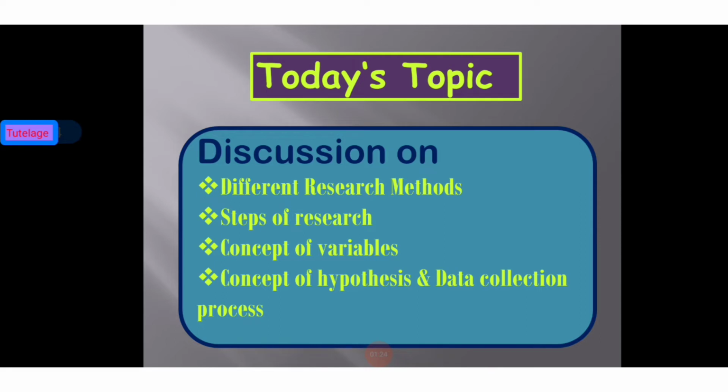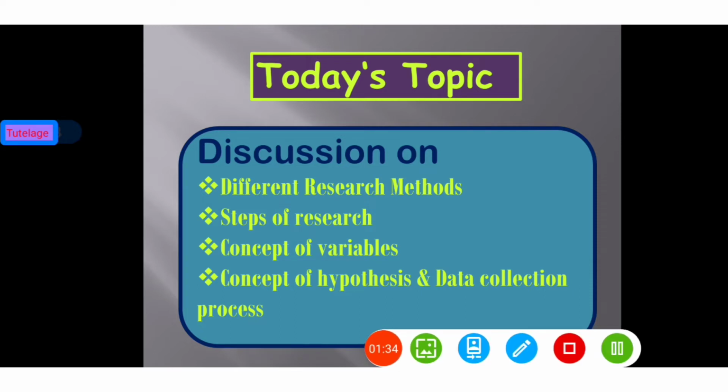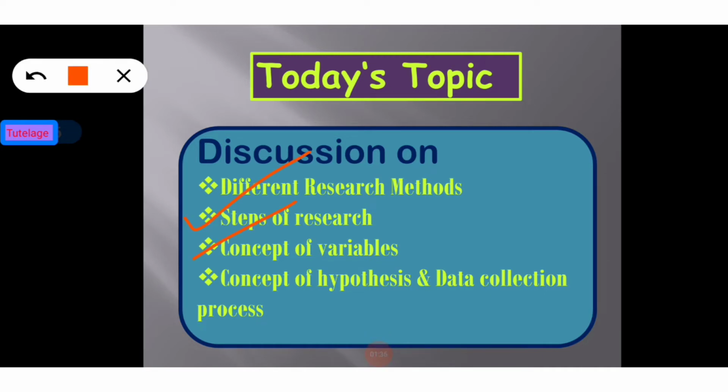So learner, in my last session we haven't completed my total scheduled topic due to time. So today we will explain the steps of research, the concept of variables, and most important the types of variables, because in my last session we have already mentioned the definition of variables and the differences between variable and attributes, but today we will explain the types of variables and their definitions.